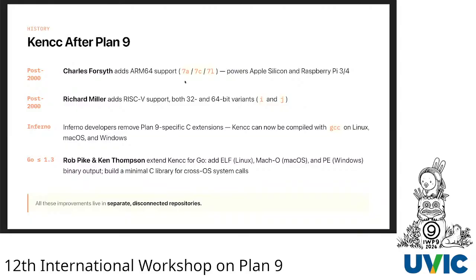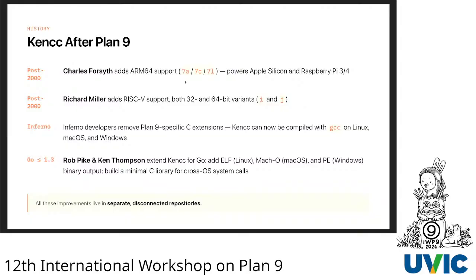But what they've done is that they focus just on the toolchain, just on the C compilers, assembler, and linker, and they removed all these special extensions, and that allows them to use GCC or Clang to compile the Plan 9 compiler. And so then you could use the Plan 9 compiler on Linux, Mac OS, or I think Windows also. It would still produce binaries just for Plan 9 or Inferno, but at least you could build them on Linux, on Mac OS, etc.